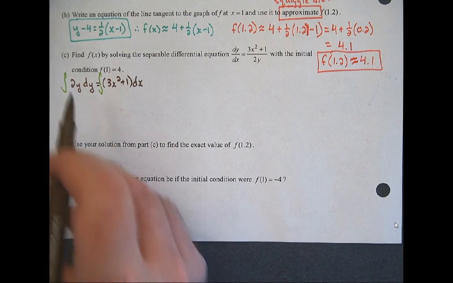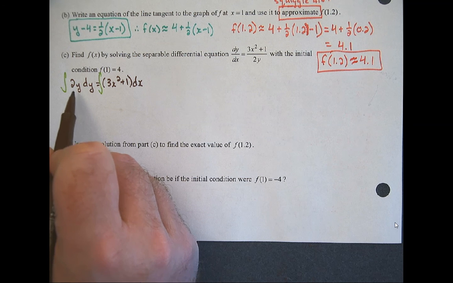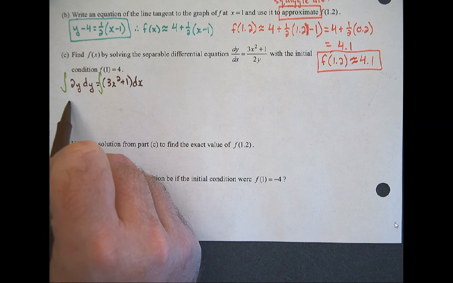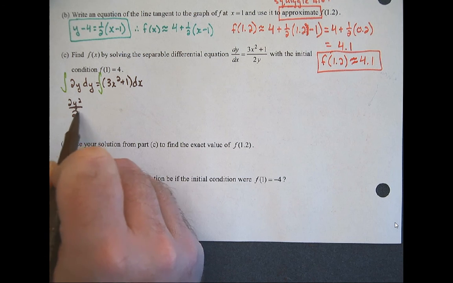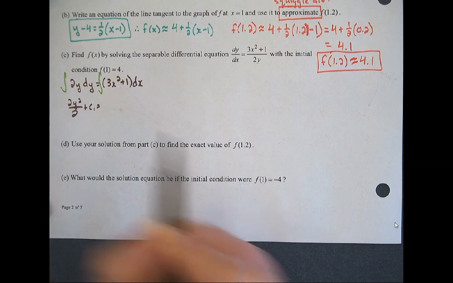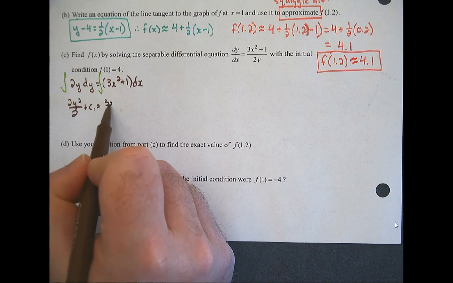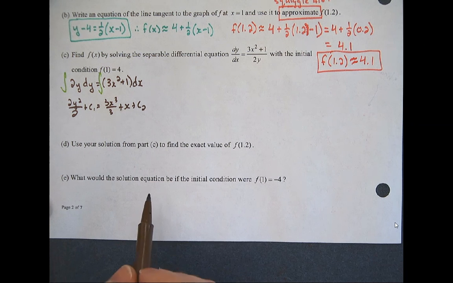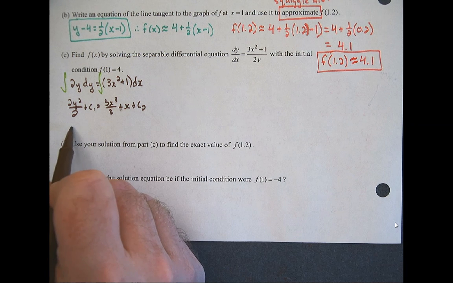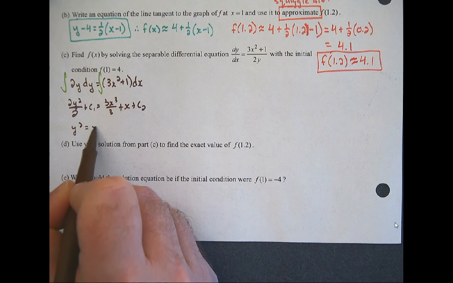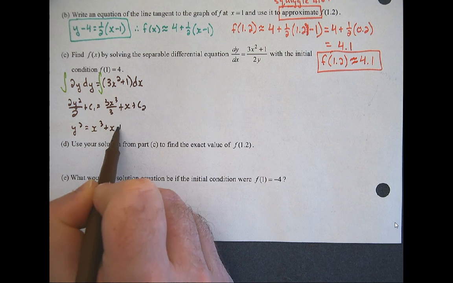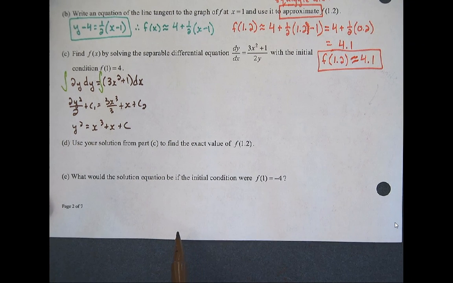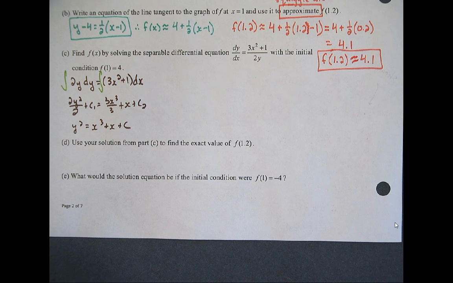So the integral of, so that would be 2y squared over 2 plus c1. That would be 3x cubed over 3 plus x plus c2. So y squared equals x cubed plus x plus, and I'm just going to call that big C. That is not a general solution yet because we don't have y by itself.